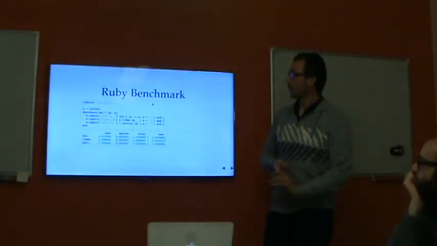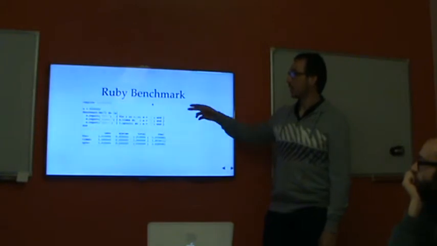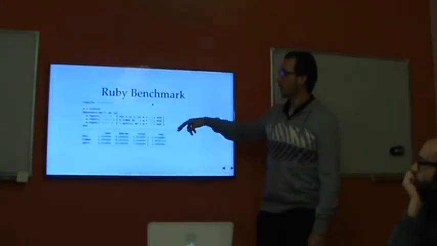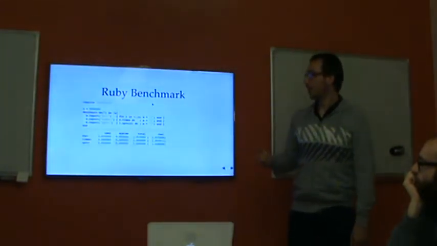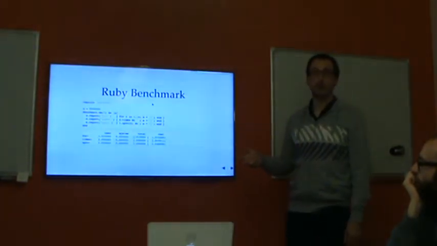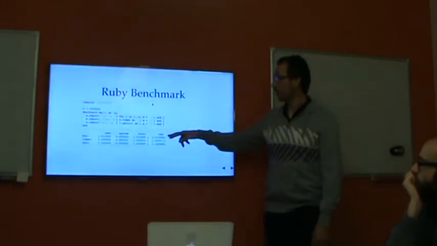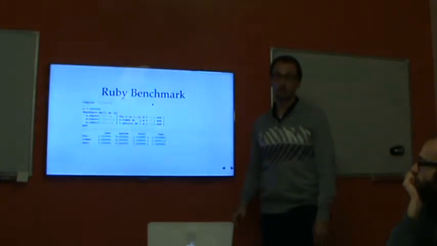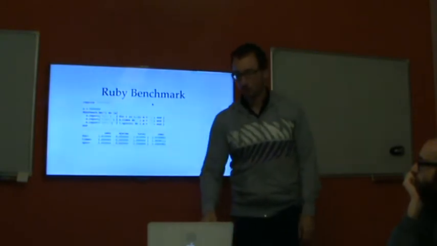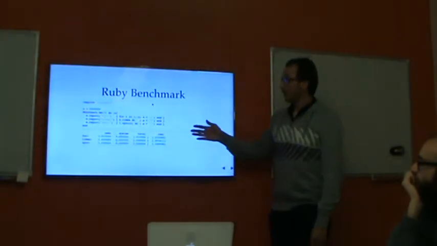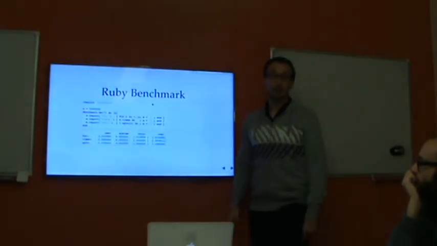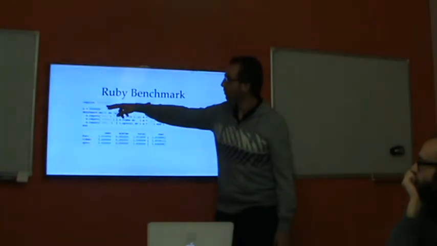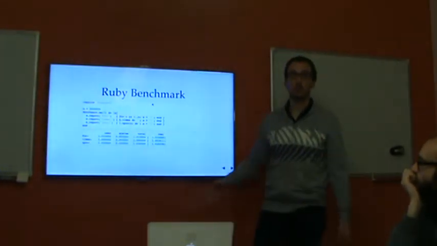Simply, what the benchmark module does is it runs each block, and for each block it measures the user time and system time, then it takes the total time, and it also reports the real time taken to run the whole thing. And people after that say, okay, that one is the best because we take a very large number to run the loop.